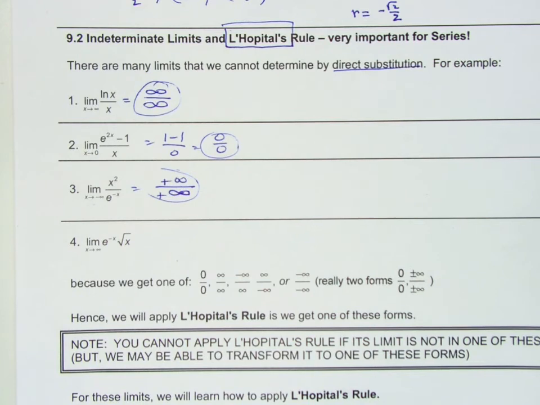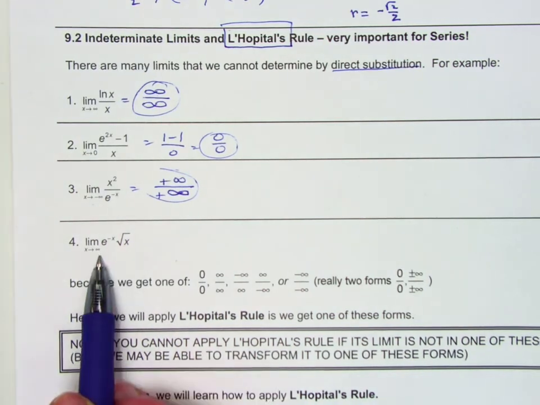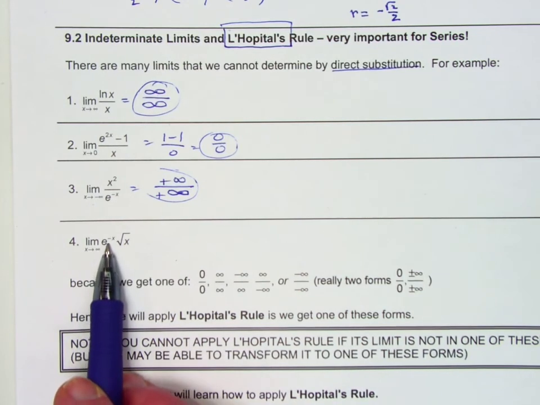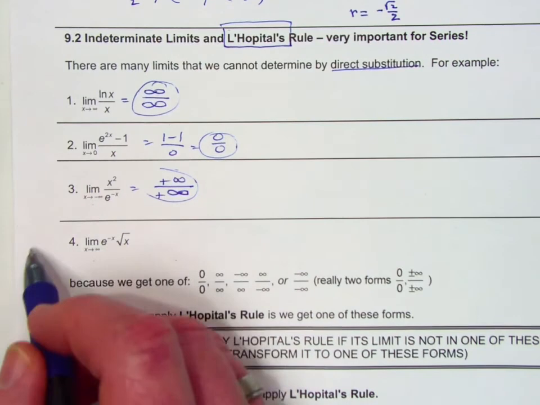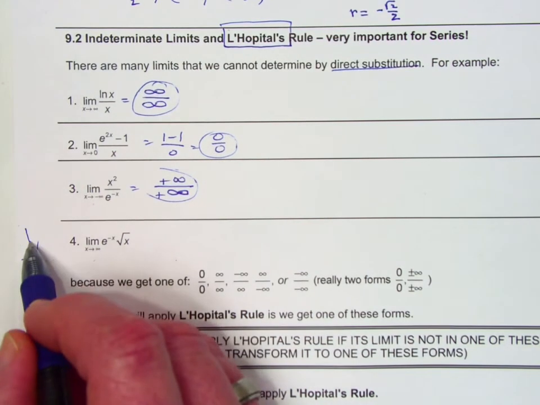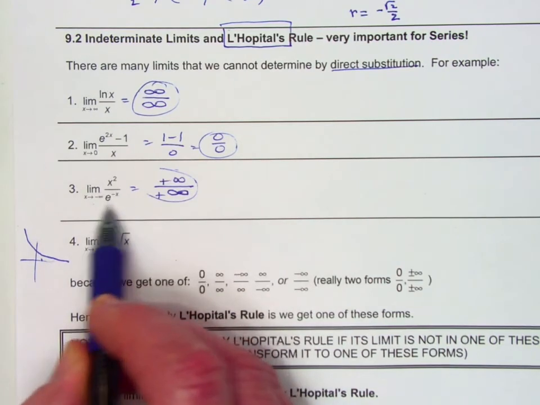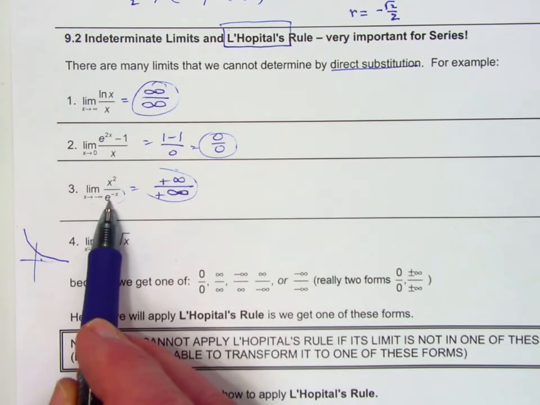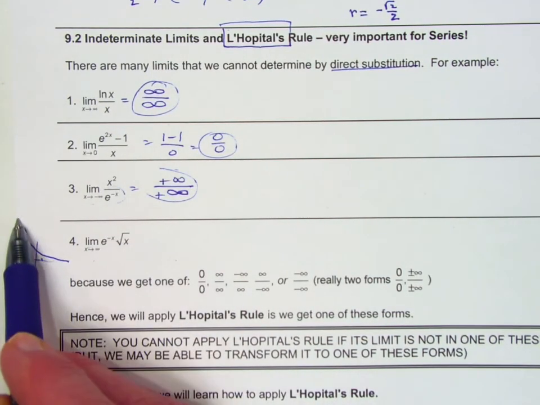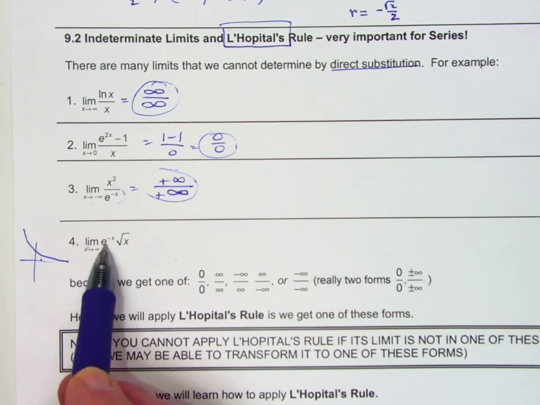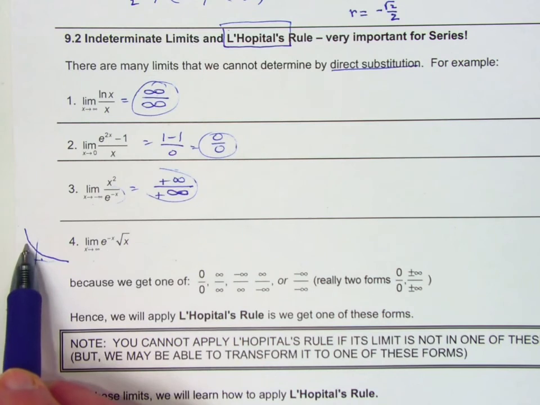And I want you to look at this one. As x goes to infinity on number 4, this goes to 0, because remember, e to the negative x looks like this. So as I approach positive infinity, it goes to 0.